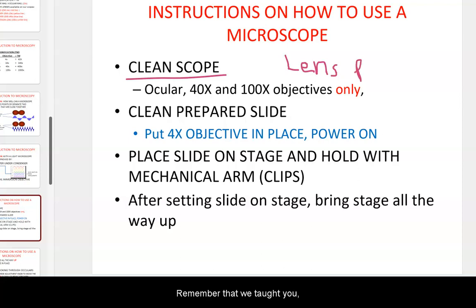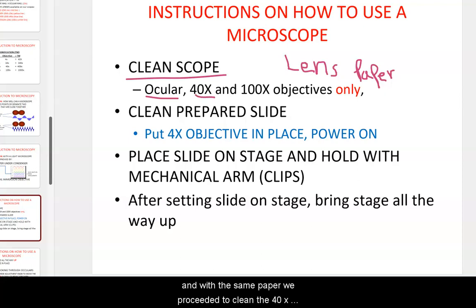Remember that we taught you that you needed to use lens paper, and the order in which the lenses are cleaned is always the same. We first clean the oculars. With the same paper, we proceed to clean the 40x objective. Then with the same paper, provided the 40x objective is clean and it has no oil in it, we can move on to the 100x objective.